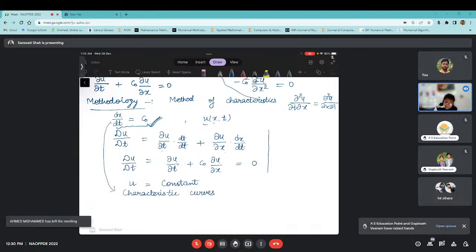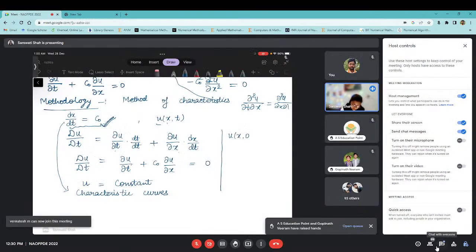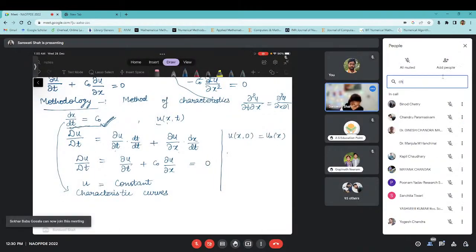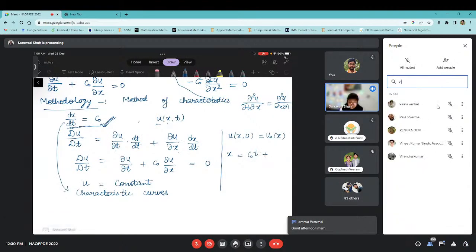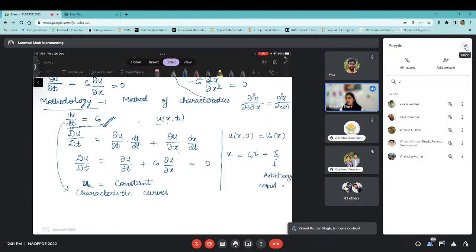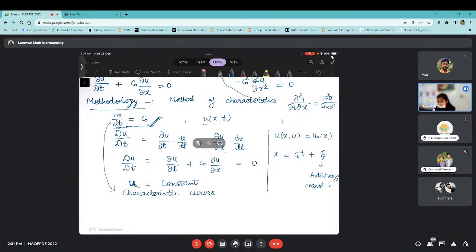And what was our initial condition? Our initial condition was u(x, 0) equals u naught x. So when you solve this, x becomes equal to c naught t plus, suppose, a constant xi, where xi is an arbitrary constant. And if u equals to constant, then what will be the value of u?